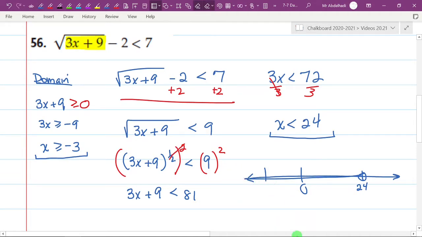But wait, the domain here says you can't go any lower than x is negative 3, because if you do, you're violating the domain. You're going to be square rooting negatives at that point, and you're going to be creating a problem. So your domain, I'll do a domain in green here. The domain is at negative 3 here, saying you can be equal to negative 3 or greater, like that.